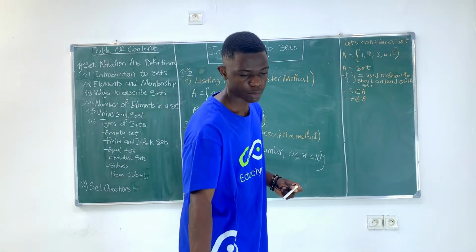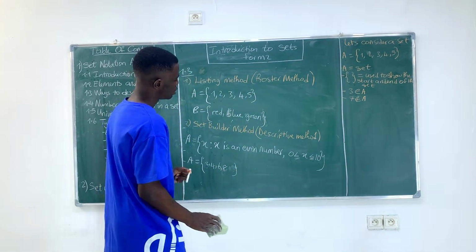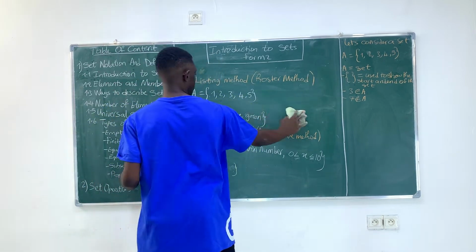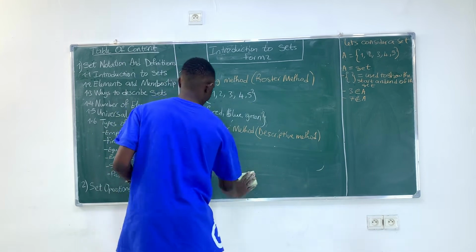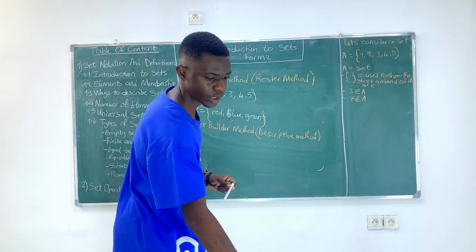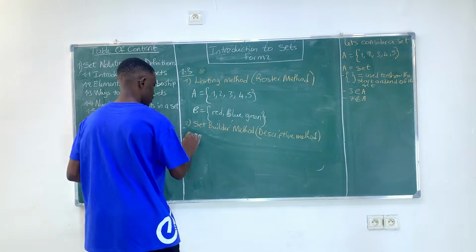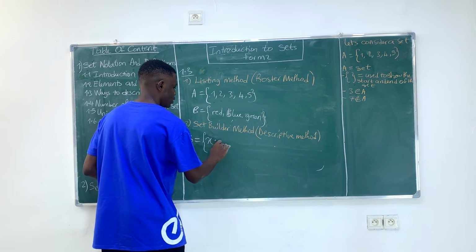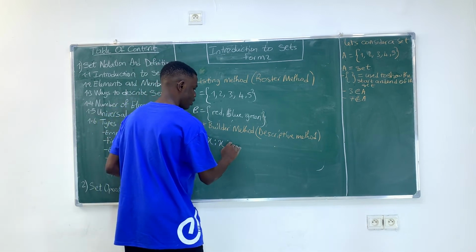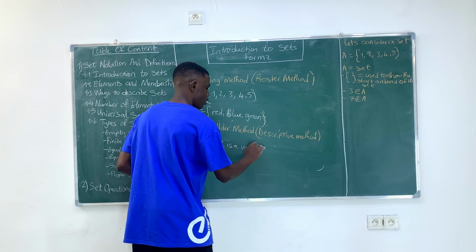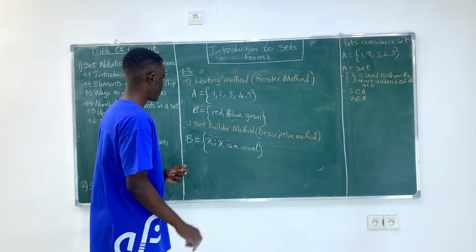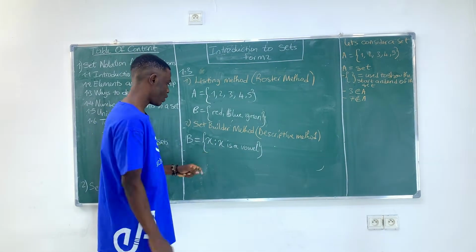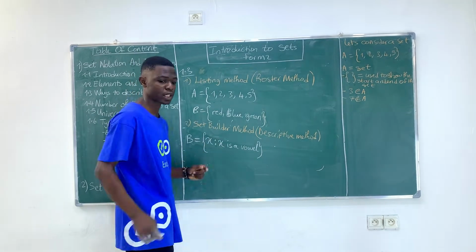Alright, let's do another example of the set builder method. We have set B equal to x such that.